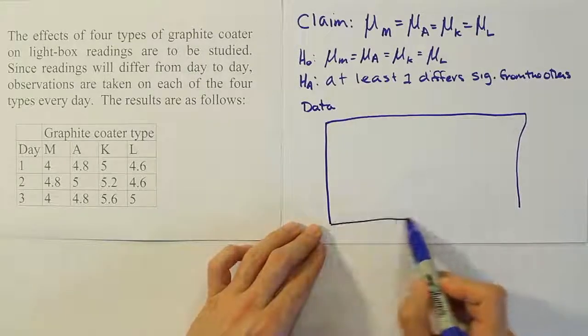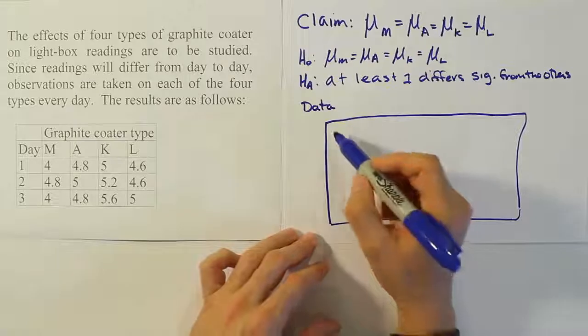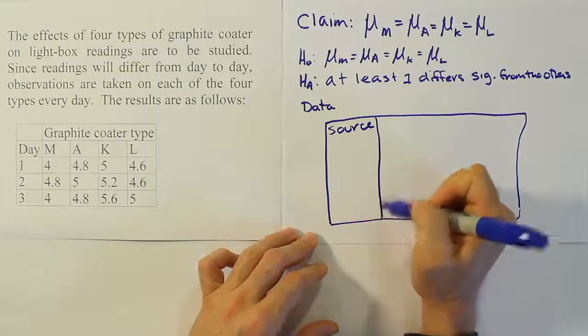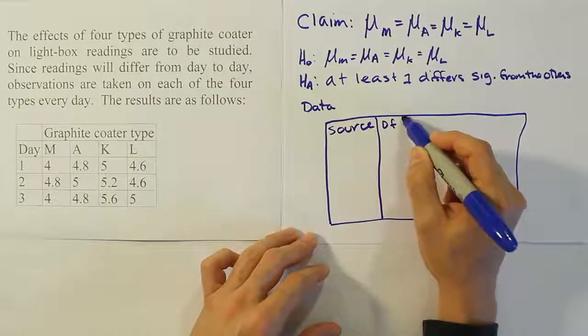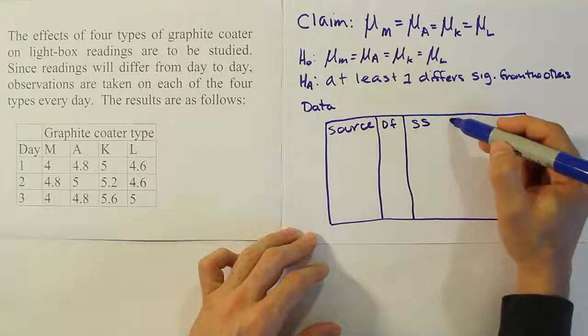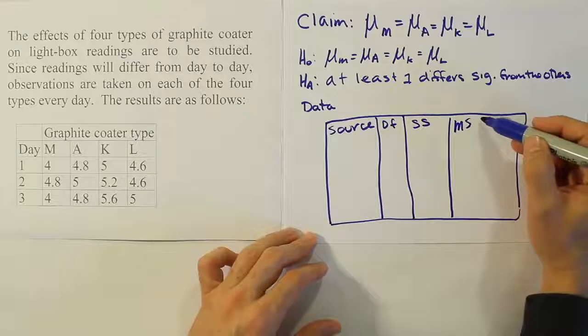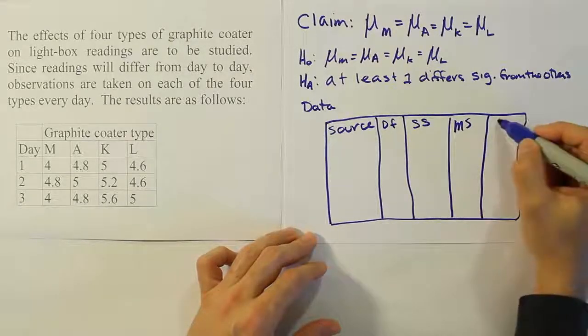To draw the ANOVA table, I'm just putting a box, and I'm going to express here source, like we've done in the past. This is the source of the variation, then degrees of freedom. Then we'll need the sum of squares. We'll need the mean sum of squares. And then finally from there, we'll end up with an F-test statistic.